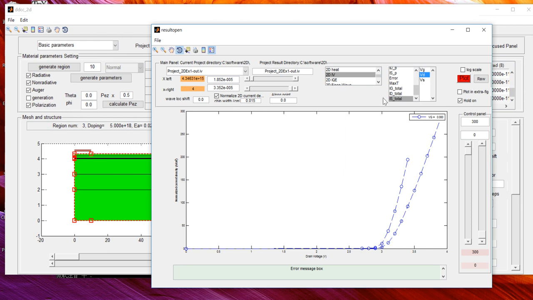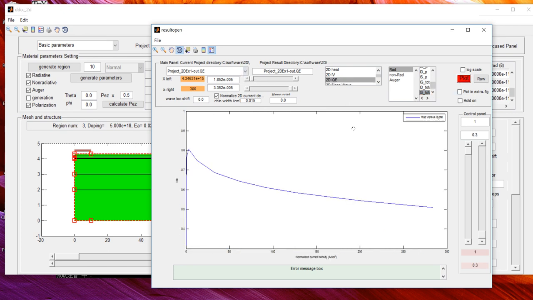And the IQE, you can plot IQE versus current for the first case, hold on for the second case. So the droop becomes better. There's less droop with ITO because you don't have very serious current crowding.